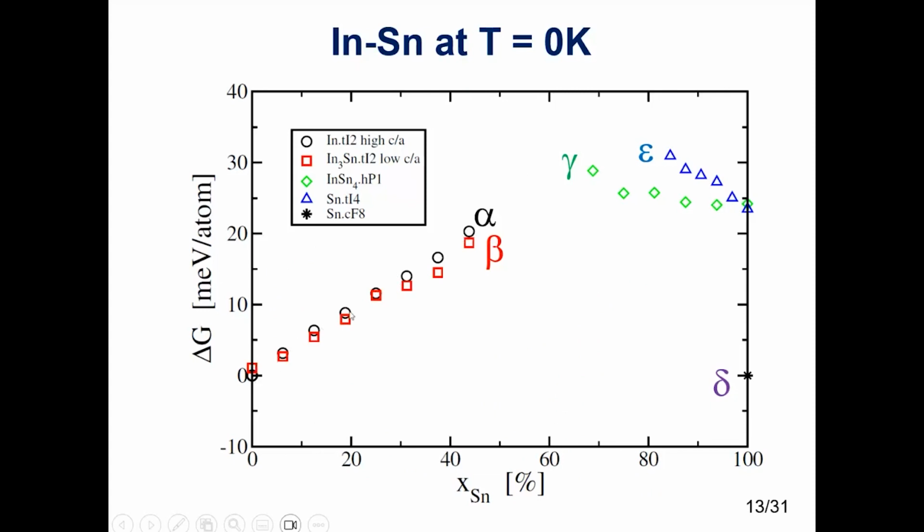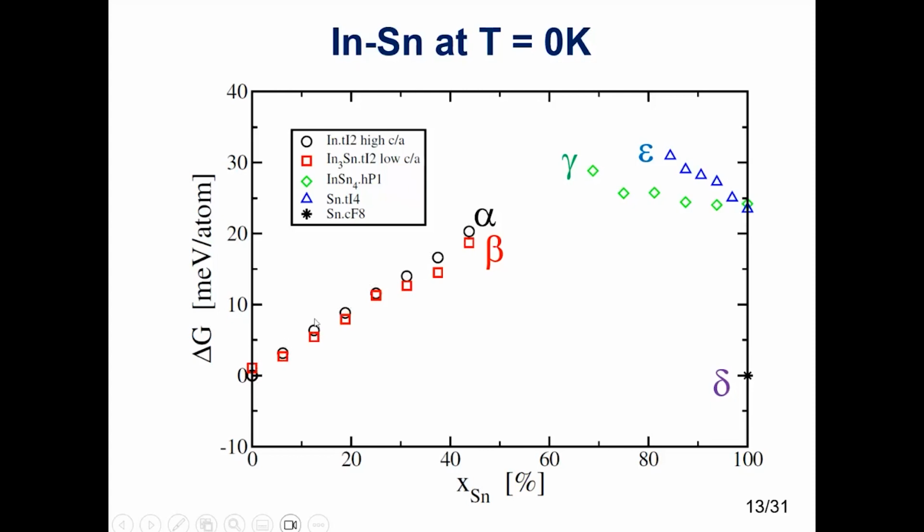And unlike the earlier calculation where I varied the valence electron count artificially, here I actually created a supercell of indium with, I think, 16 atoms, and I added progressively more tin atoms substituted for the indium.